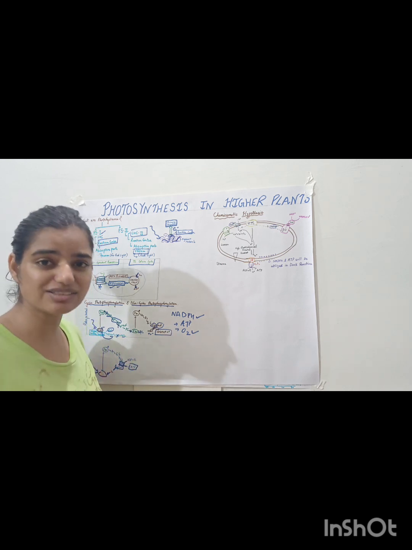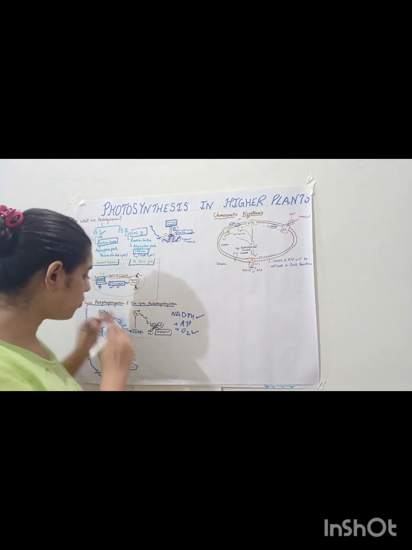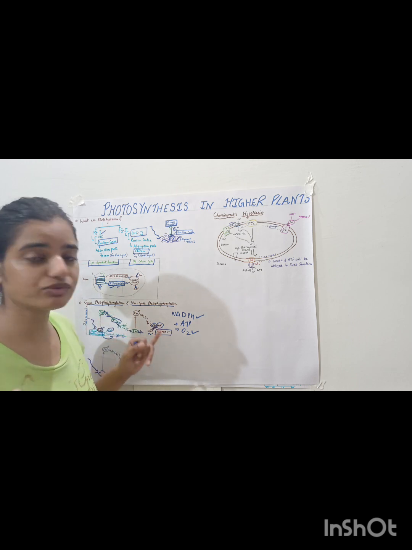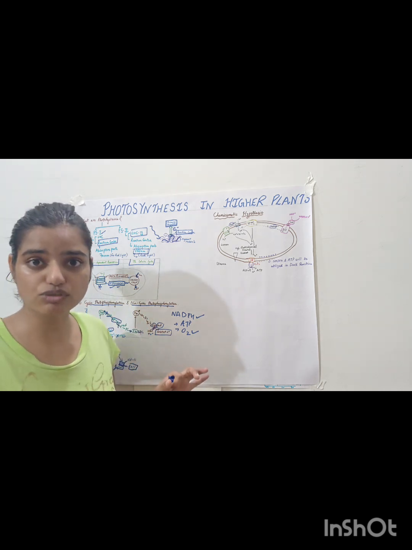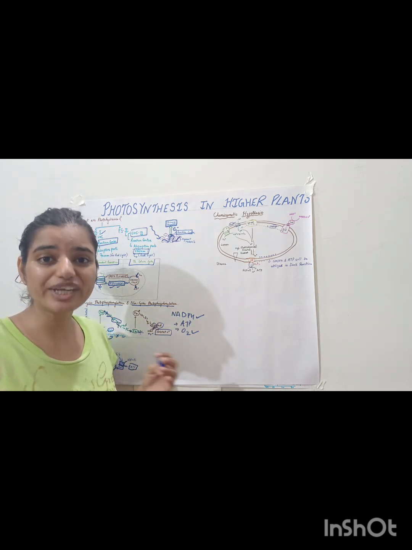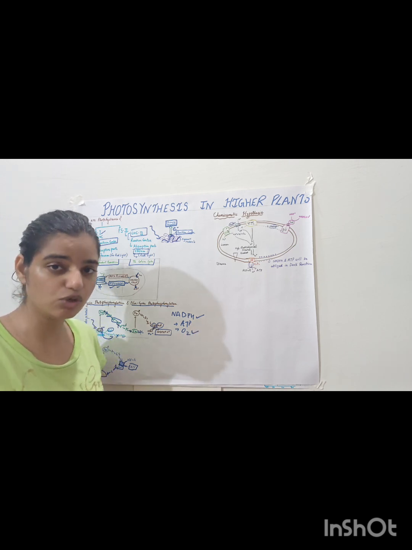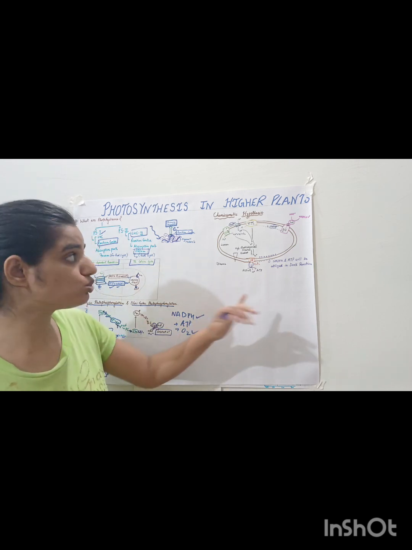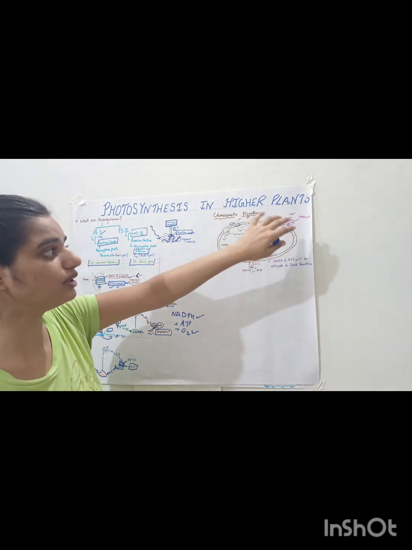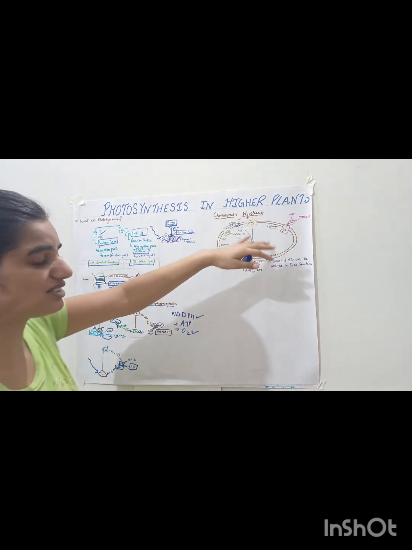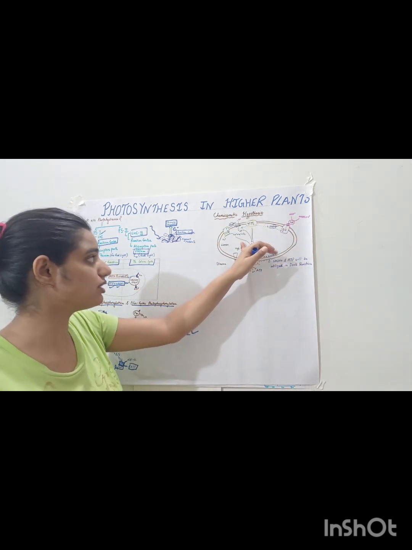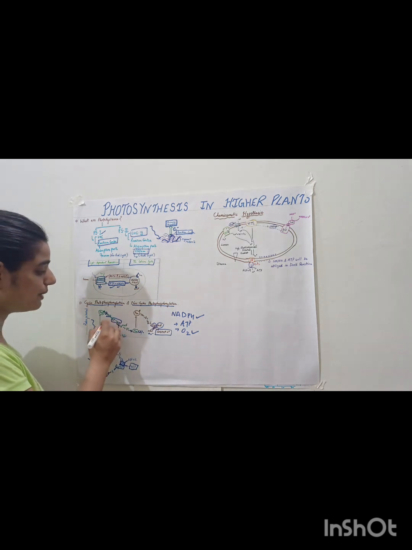There are three steps in the whole process of non-cyclic photophosphorylation that increase the concentration of protons, the hydrogen ions, in the lumen as compared to the stroma. We will learn that in this diagram and understand this process in more detail.